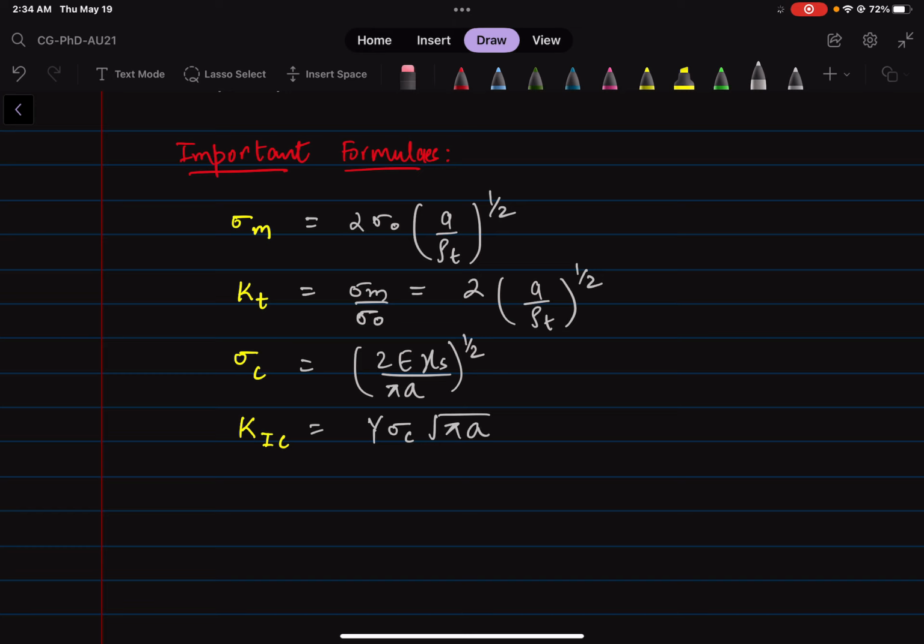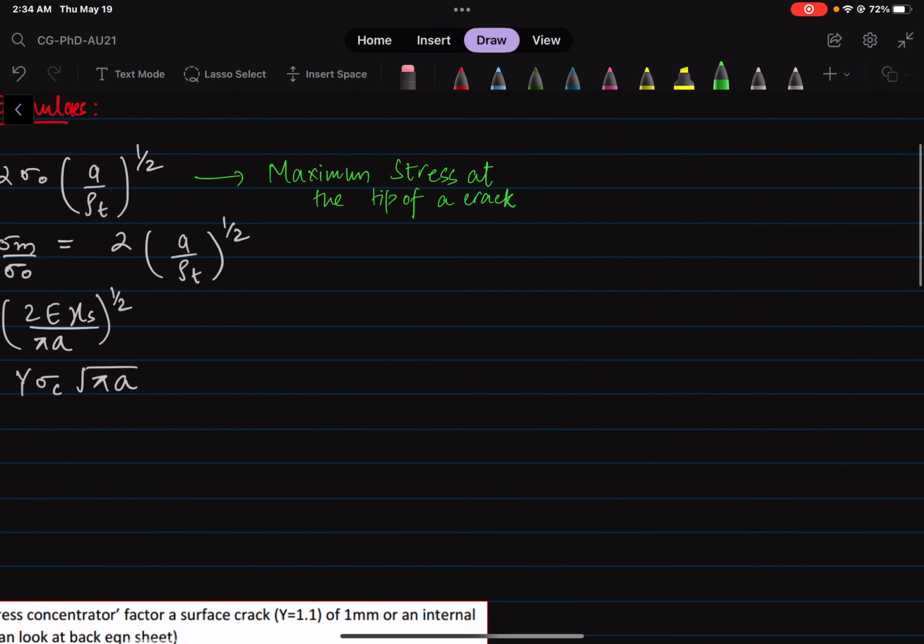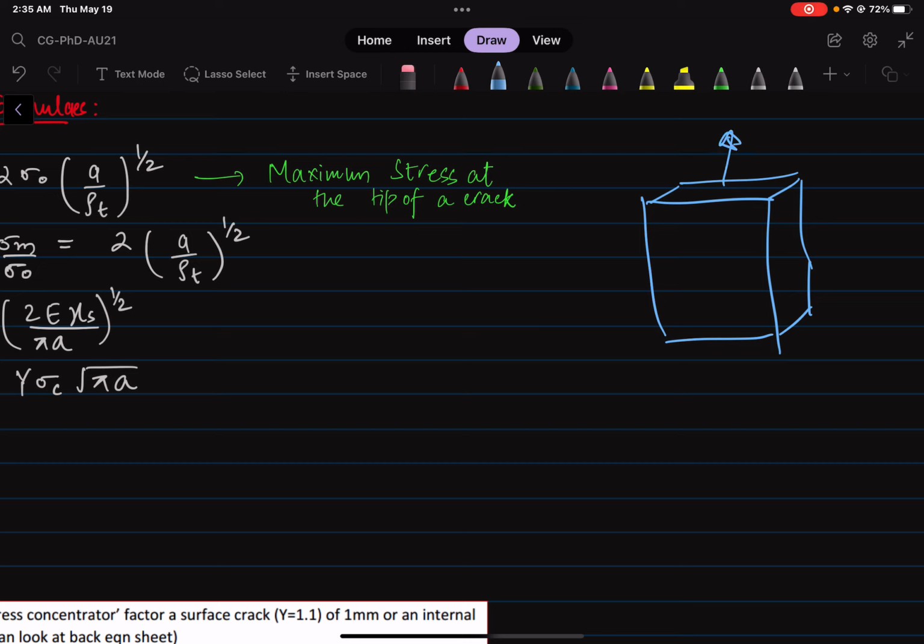Right, so let's see what these are. The sigma m is the maximum stress at the tip of a crack. So let's take an example where imagine you have a sample of this sort, and it's sort of infinite or semi-infinite sample extending in both lengths.